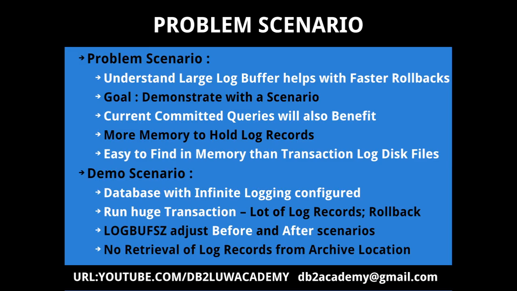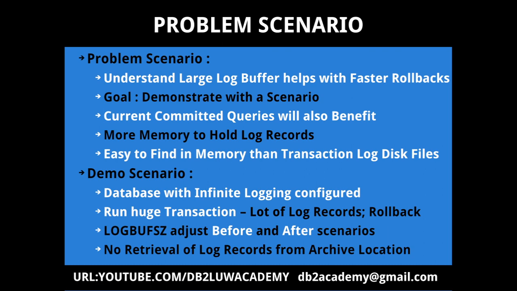For the demo scenario, I cannot really show how it reads the log record from the active log location, so I have to come up with a workaround. The workaround is to have a database with archival logging enabled and configured with infinite logging.